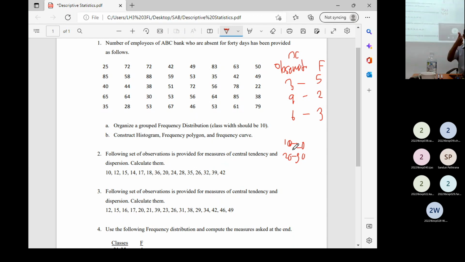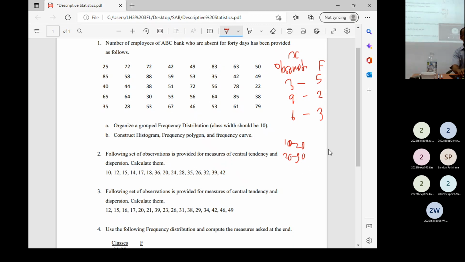It may be 10 to 20: 10 one time, 11 one time, 12 one time. Likewise, ungrouped is not appropriate because always you write frequency 1, 1, 1, 1, 1 like that. Therefore, better to organize data as group, class, range.